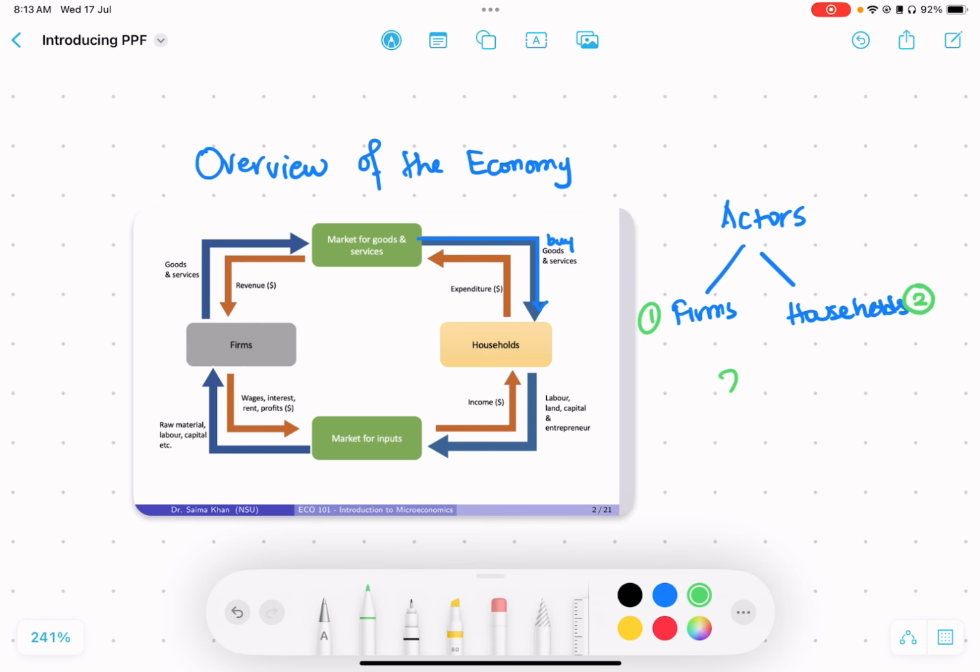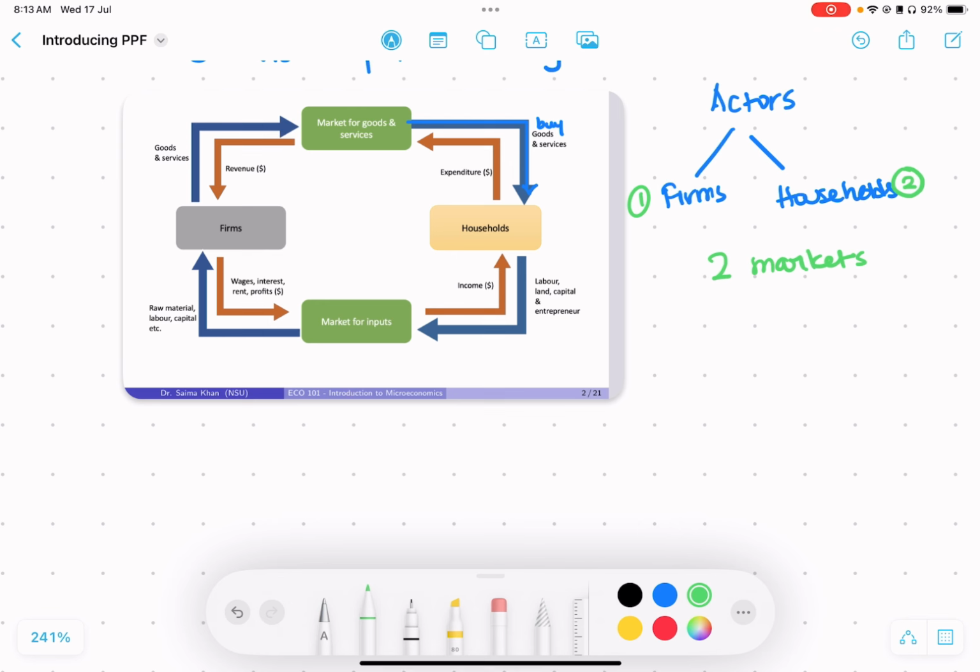And you know what? There are actually two markets as well. Okay. Markets is where buyers and sellers come together. So what markets are there? Firstly, there's the goods and services market. And then there's also the market for factors of production. I'm going to call it FOP.